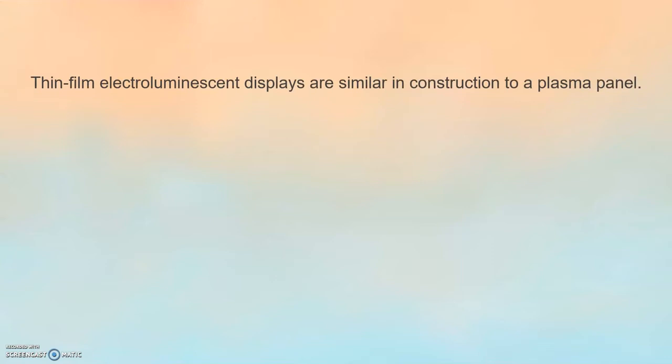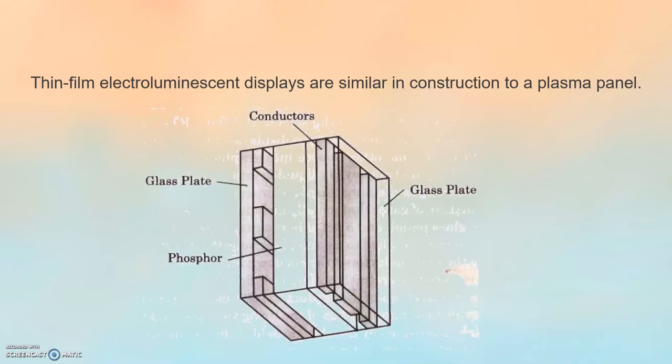Moving on to thin film electroluminescent display. It is similar in construction to a plasma panel. The only difference is that the region between the glass plates is filled with a phosphor such as zinc sulfide doped with manganese instead of gas. When a sufficiently high voltage is applied to a pair of electrodes, the phosphor becomes a conductor in the area of the intersection of the two electrodes.